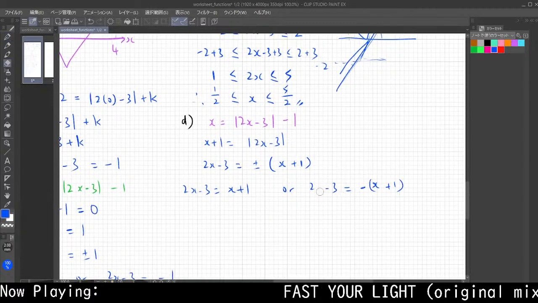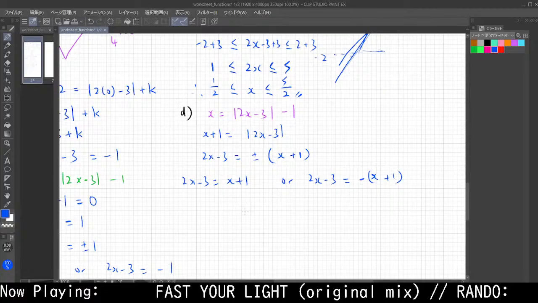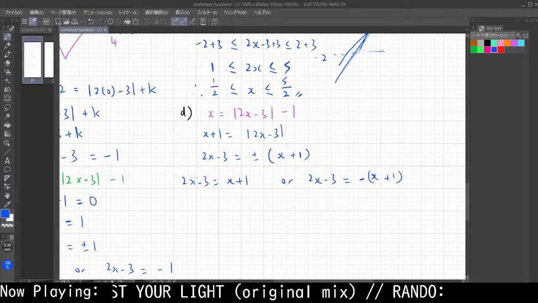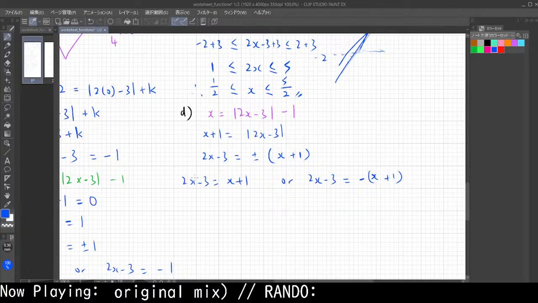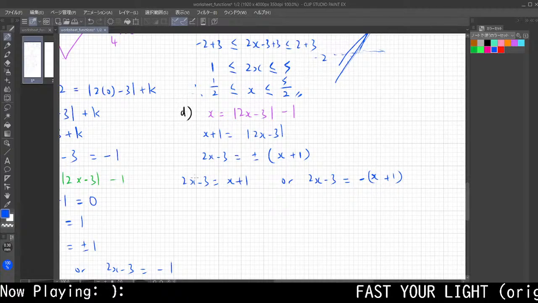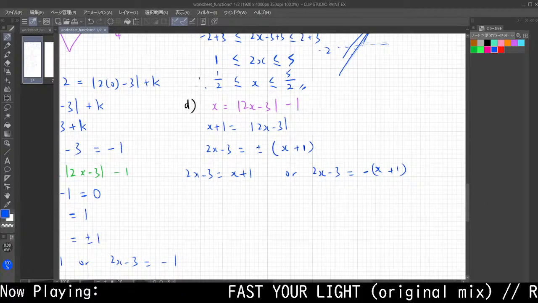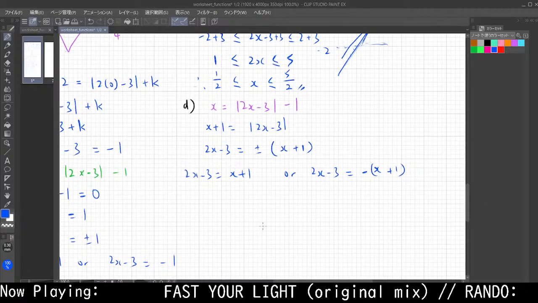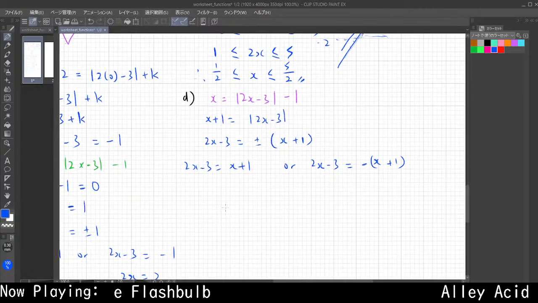So first one, again rearrange. Do your algebra correctly. Please do your algebra correctly. Be careful. Have a clear mind, especially in the exam. No careless mistakes.